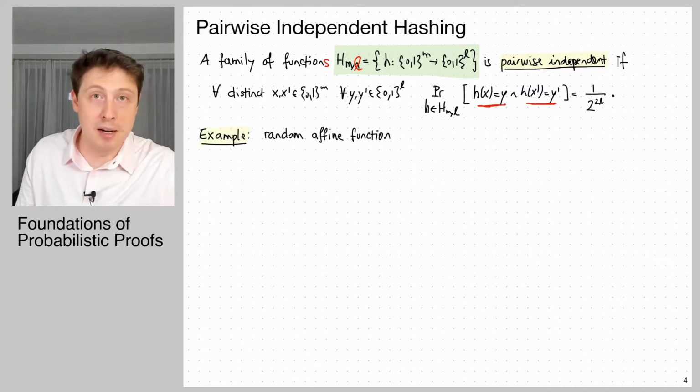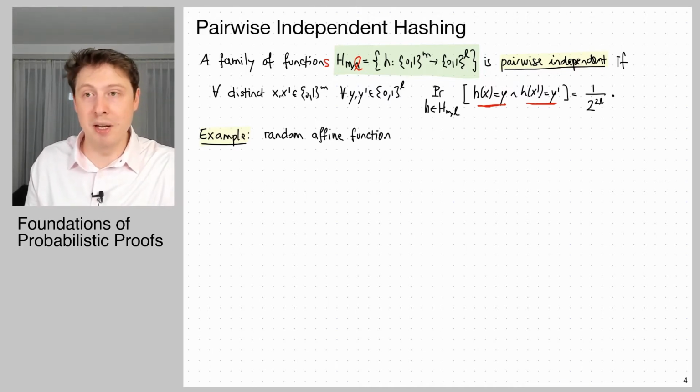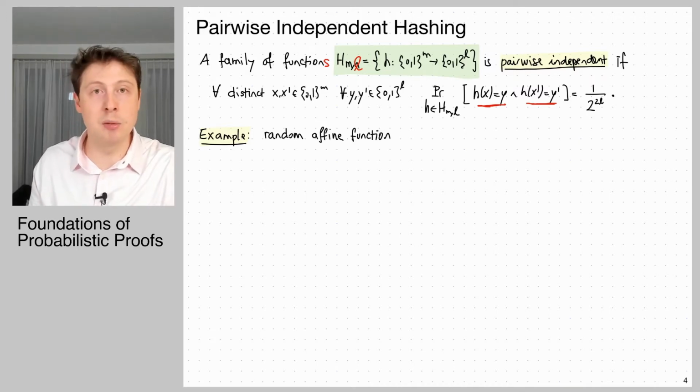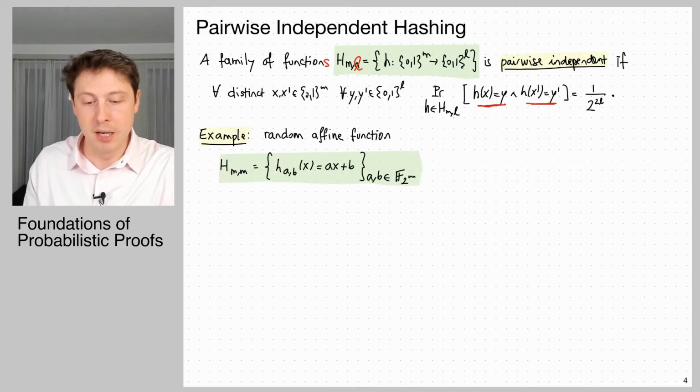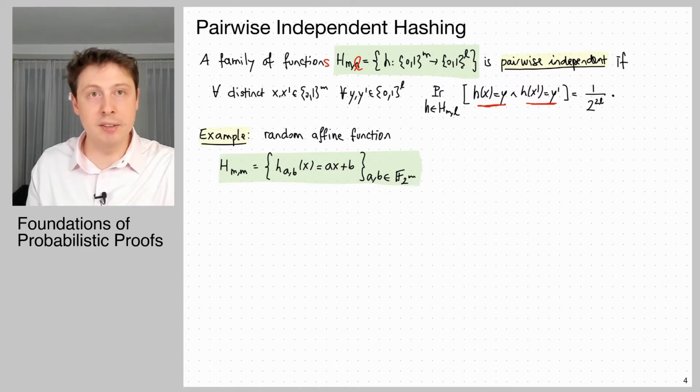The canonical example that you may have seen in other courses, even undergrad courses, of a pairwise independent hash function is a random affine function. For example, you can consider the binary field F_2^m, the field of size 2 to the m, and you set the function family to be all functions of the form ax plus b, where a and b are two elements in the field.